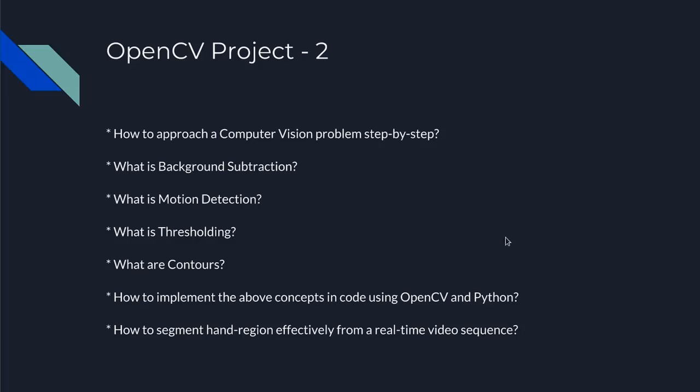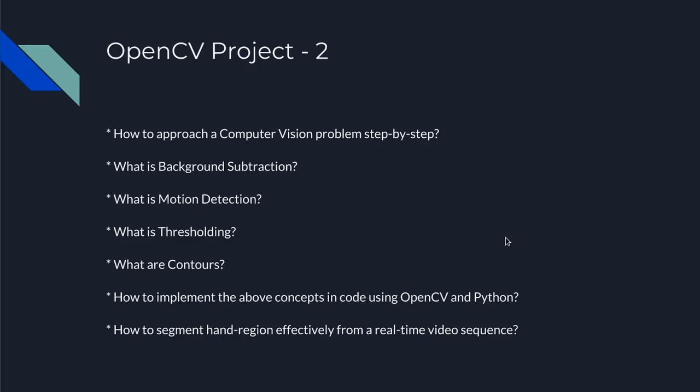We recorded the video for the initial frames and said this is how the background looks. After that, whenever motion was detected, that means the background changed or a new object entered the video, we detected it as the foreground.